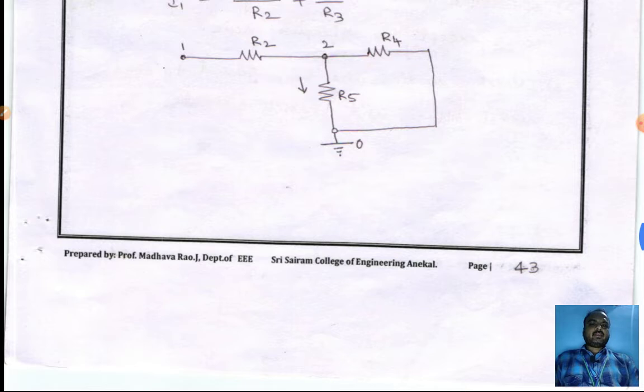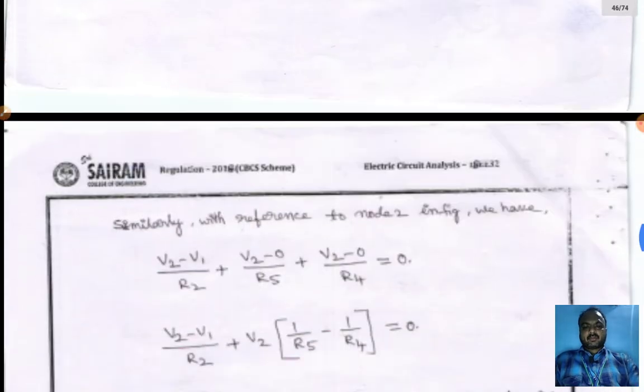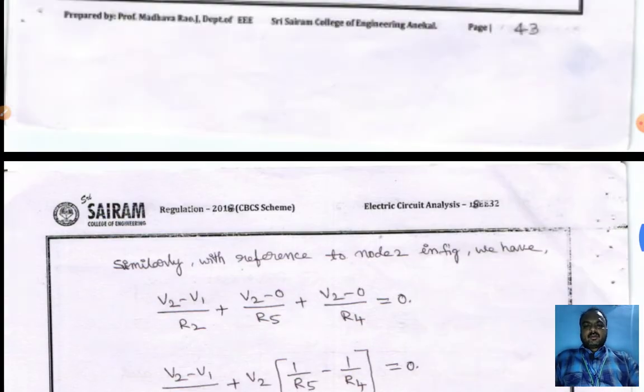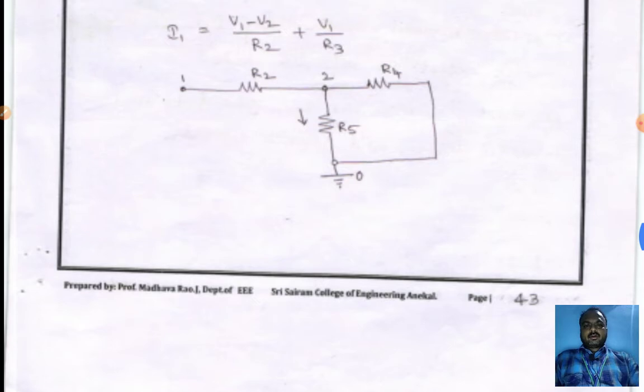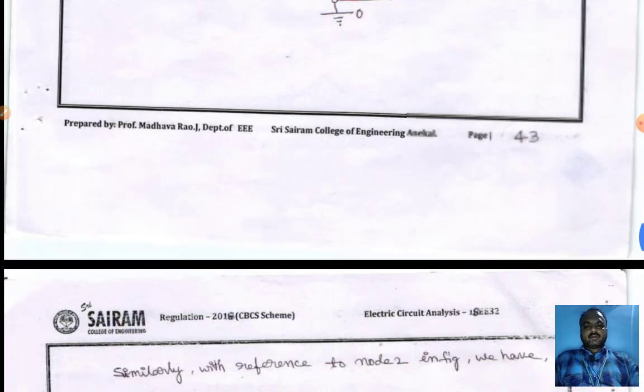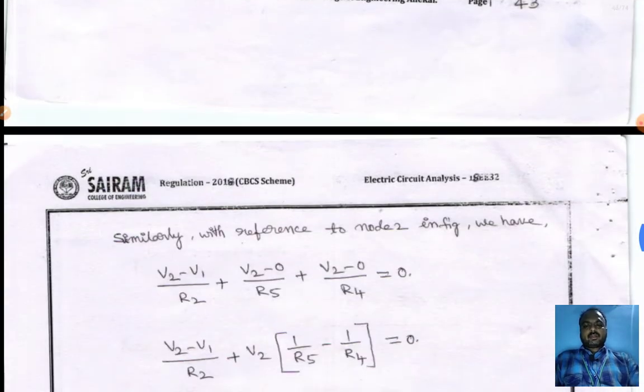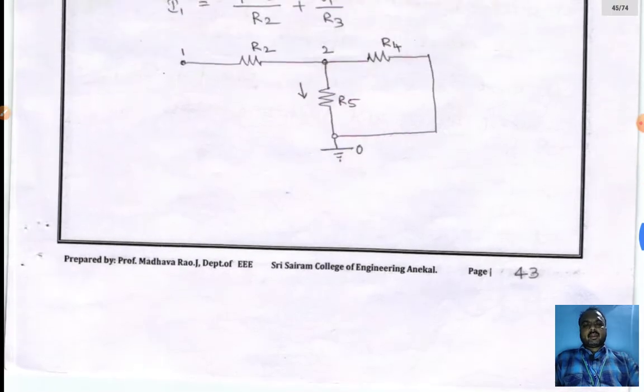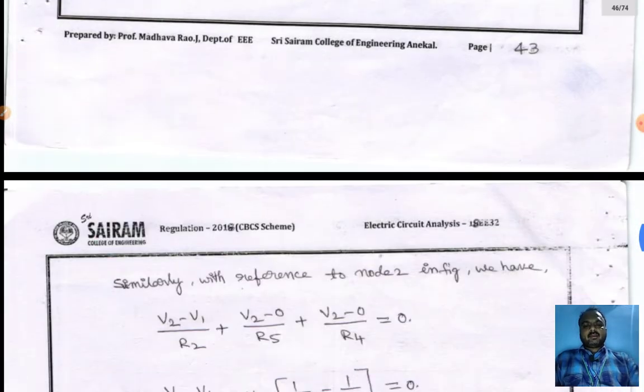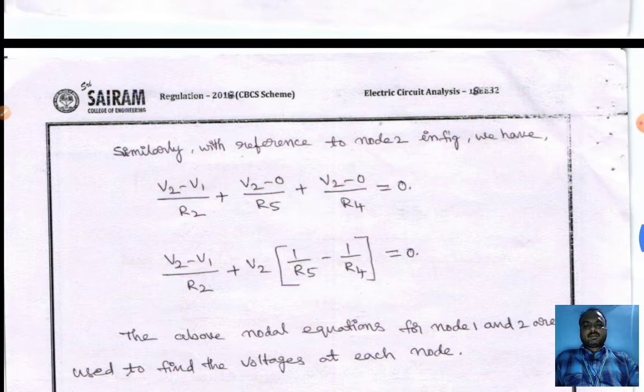Since the circuit has 3 nodes, we will have 2 nodal equations. So here at node 2, what equation will we get? I1 plus I2 plus I3 is equal to 0.